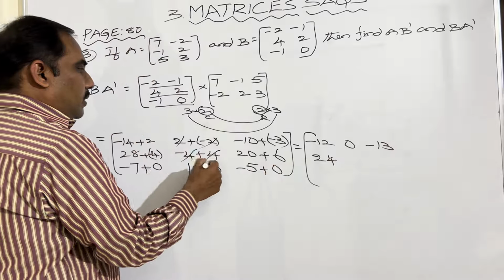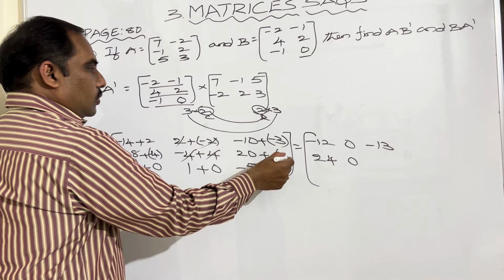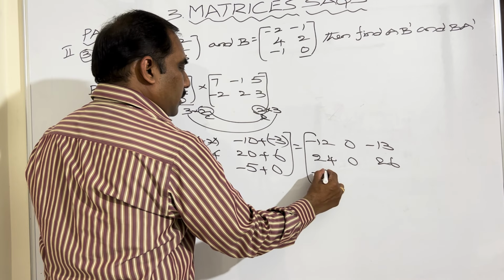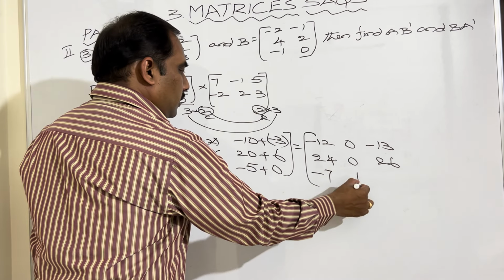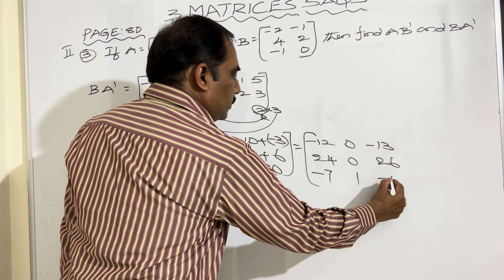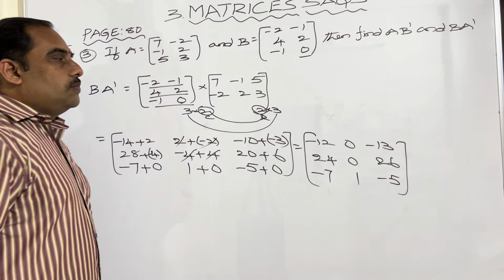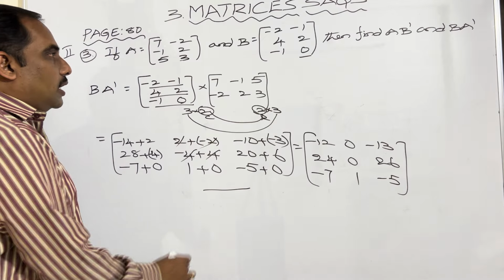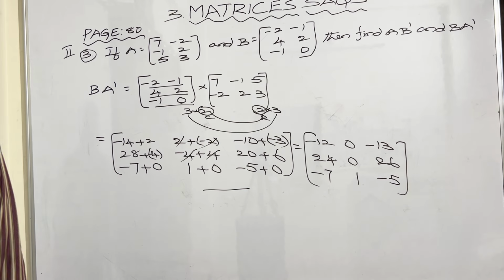And here plus 4 minus 4 gets cancelled, 0. 20 plus 6, that is 26. And minus 7 plus 0, minus 7. 1 plus 0, that is 1. Minus 5 plus 0, minus 5. Like this B into A transpose also we get. So like this we can prove that A into B transpose and B into A transpose.